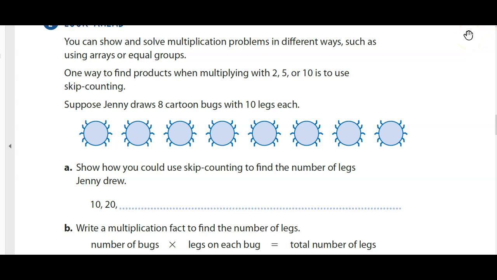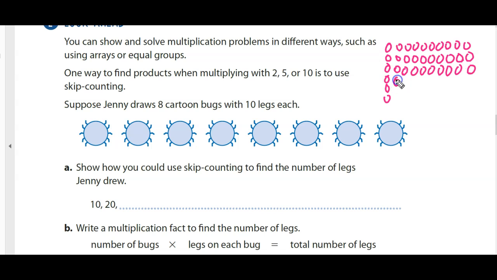You can show and solve multiplication problems in different ways, such as using arrays, which means she had 6 bugs, right? 1, 2, 3, 4, 5, 6. And how many legs did she draw for each bug? 10. So that's 10 in each row, and I count them all.